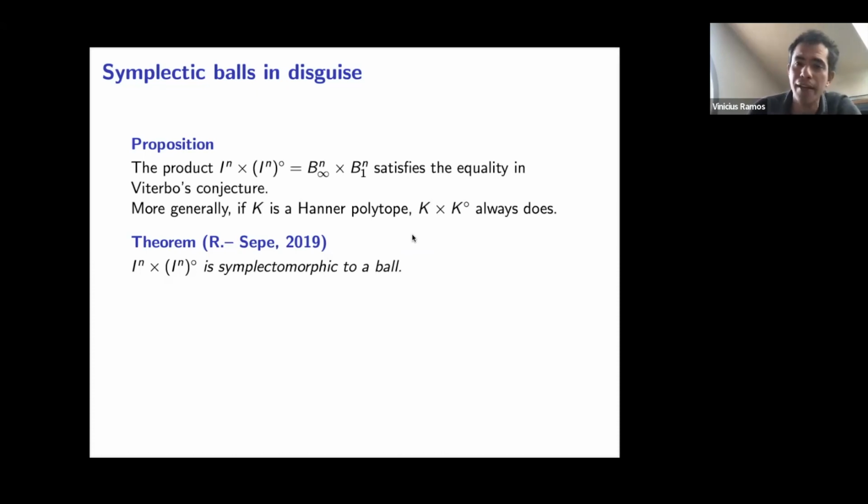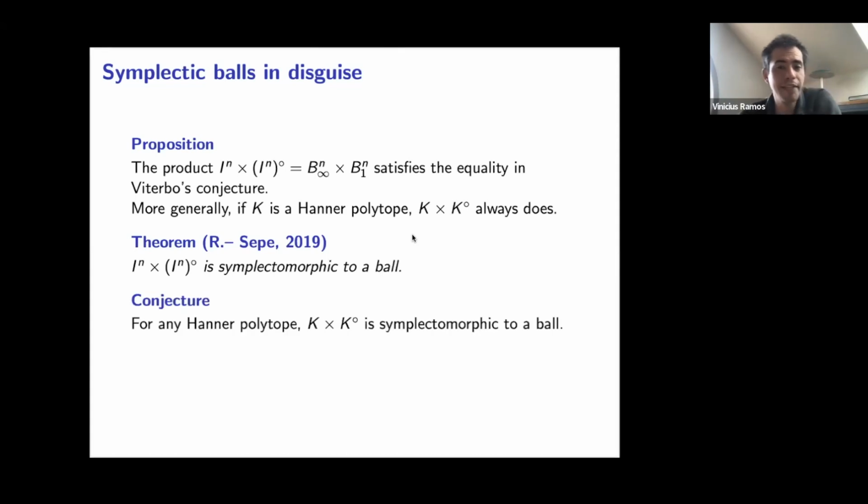And it was also known for n equals 2 that it's symplectomorphic to a ball, although for n equals 2, basically 2n equals 4, we have a lot more methods. So using McDuff's isotopy of ball embeddings, you can construct a symplectomorphism in dimension 4 a long time before our result. But our result is good in any dimension. And in a way, it's much simpler. It doesn't use holomorphic curves, as I'll explain in a little bit.